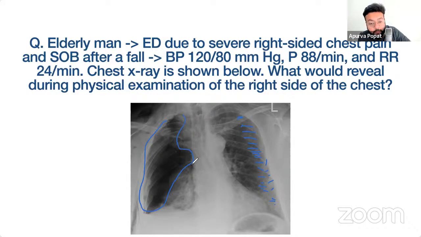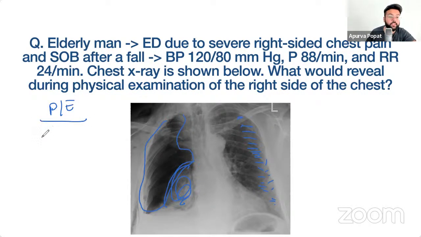That means this is the border of the lung. Look how the lung collapsed at one place. These lung tissues have all collapsed at one place, so this is all clear. They are asking about the physical exam finding on the right side of the chest. So what will be the breath sound? Decreased.